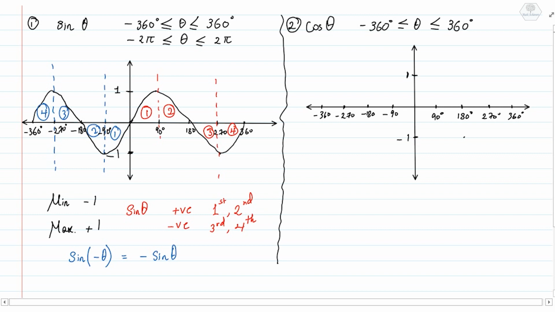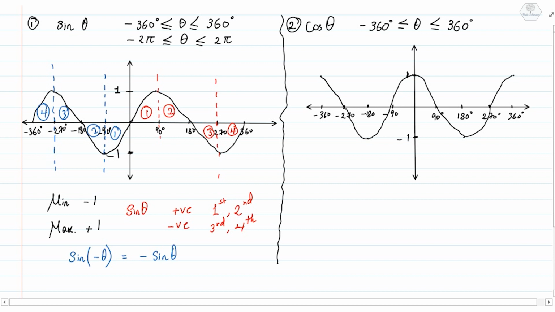This is like this, and we can sketch it now. This is my cosine function. And in the negative theta, this is my cosine function as well.